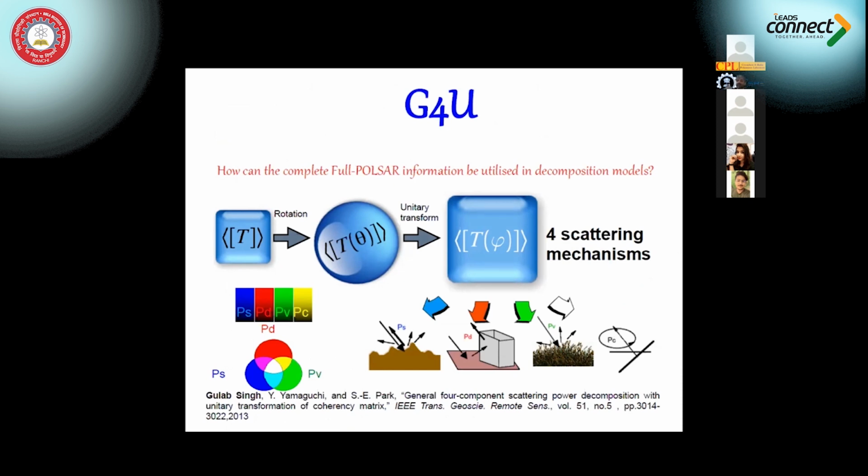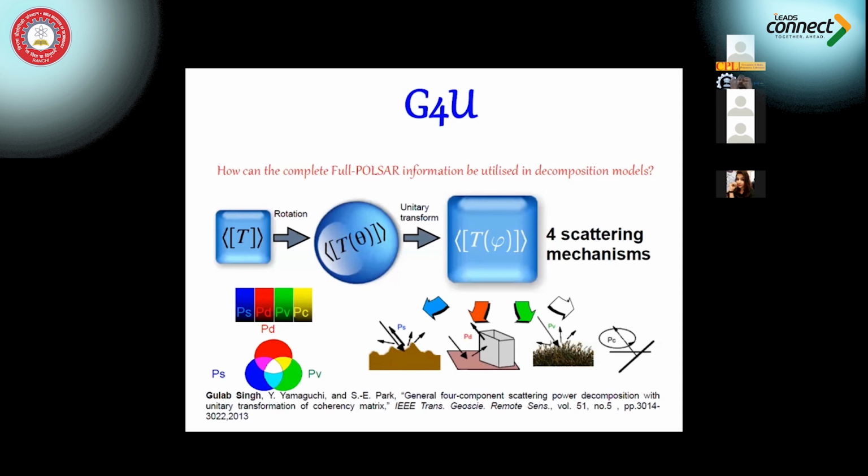Suppose you are transmitting horizontal; if the structure is orthogonal, almost parallel to the flight line, it will produce almost co-polarized signal, meaning you transmit H, it will come back in H. But if you have an orientation of the line of sight from the flight direction, it will shift the original polarization orientation, and it will give a lot of depolarization in the urban area, which will be mixed with the vegetation phenomena. So it is very hard to discriminate the vegetation from the urban area which is oriented about the line of sight.